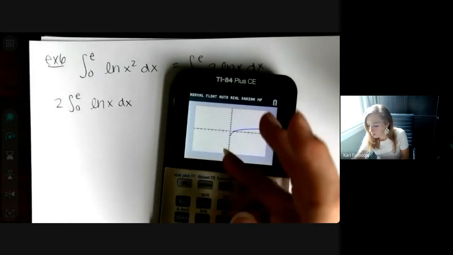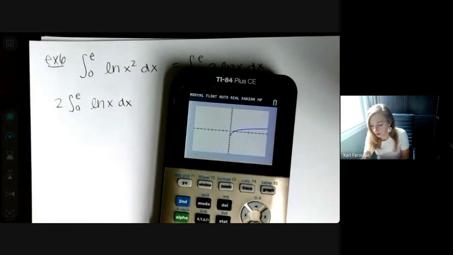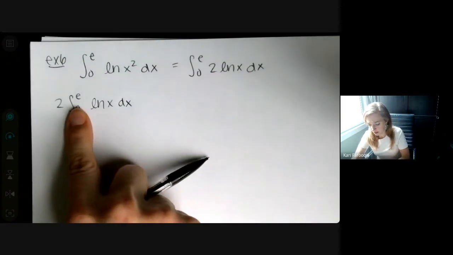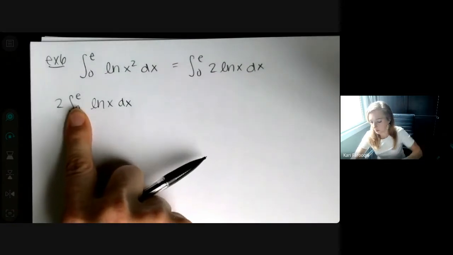You can get in closer if you'd like, because it's kind of hard to see that on your calculator. You can approach 0 from the right and see that that happens, but the natural log of 0 does not exist. It only exists for values that are strictly positive. So 0 is the issue, and that is your lower limit in this case.